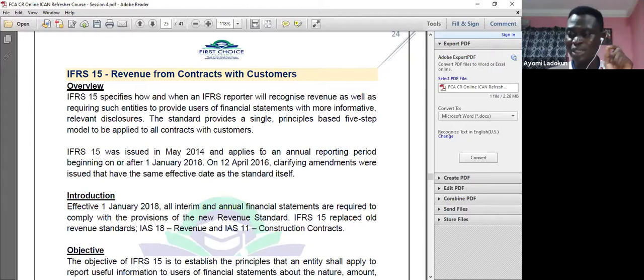So it will be replaced. This standard has replaced the two, and the idea is to improve on the weaknesses around IAS 18, and to now have a more robust approach.